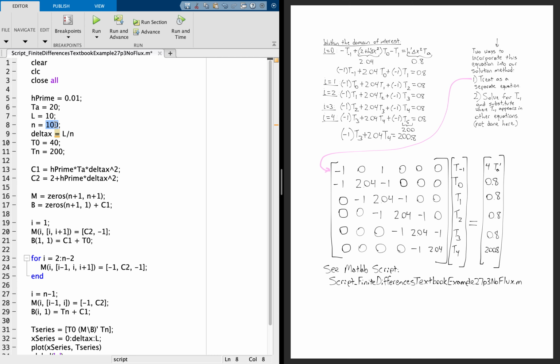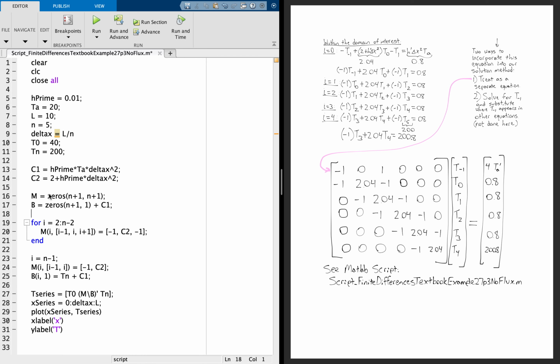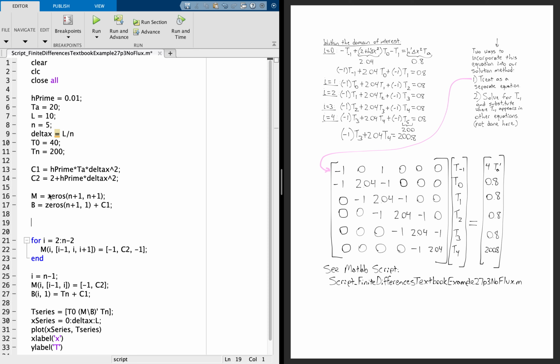So that corresponds to an n of 5. And I'm going to delete this. We're going to come back to that, the first row. I just made a little note to myself to come back.